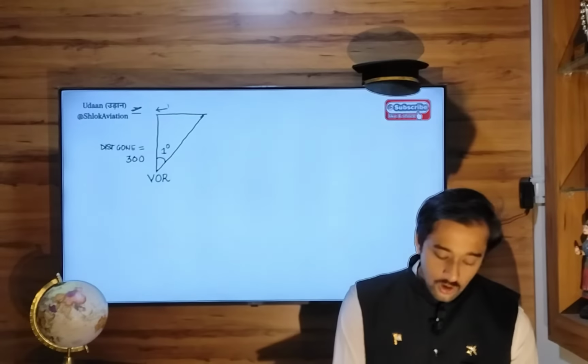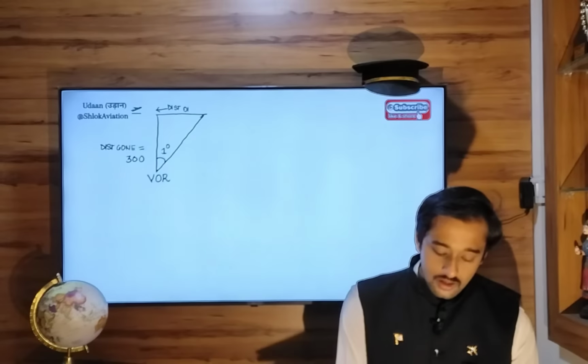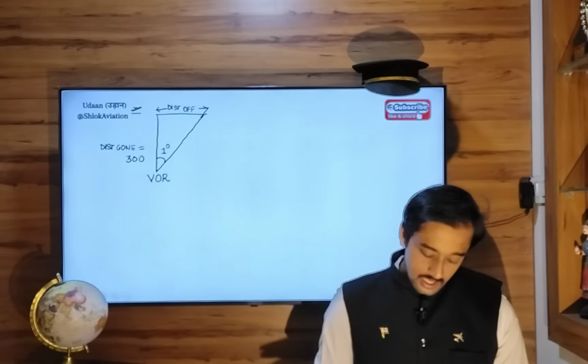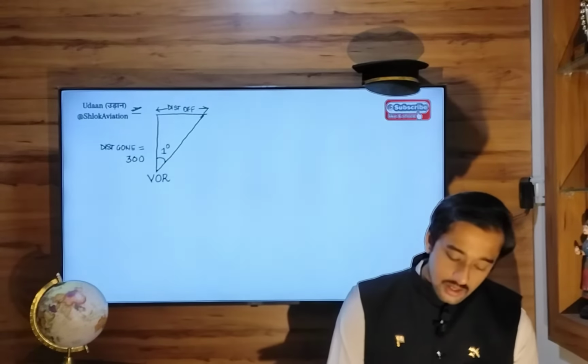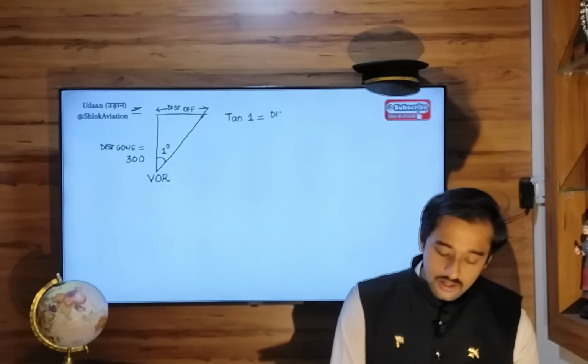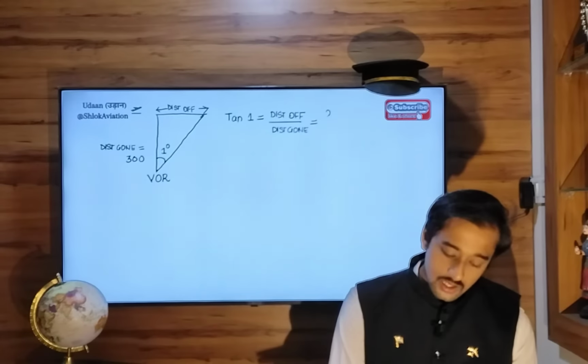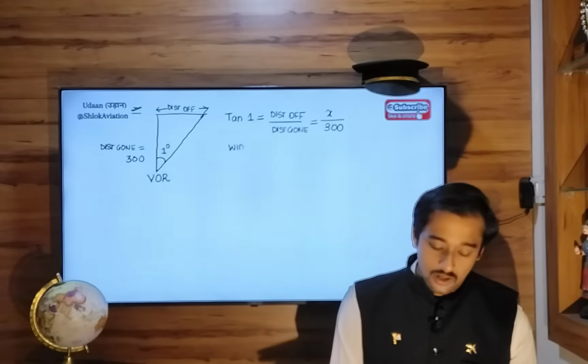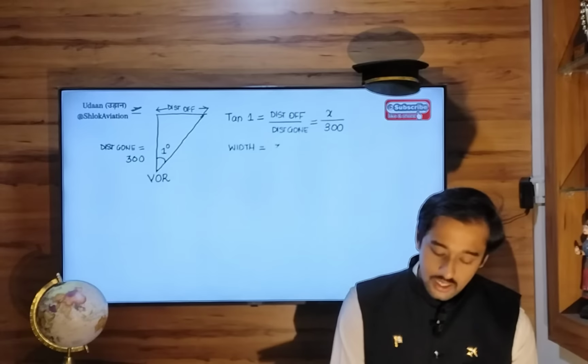This is the distance off track that you have to calculate. Fine. So let's apply the tan theta formula directly. Tan of 1 is distance off track upon distance gone, which is equal to x divided by 300. So the width asked in the question will be equal to 300 into tan of 1.